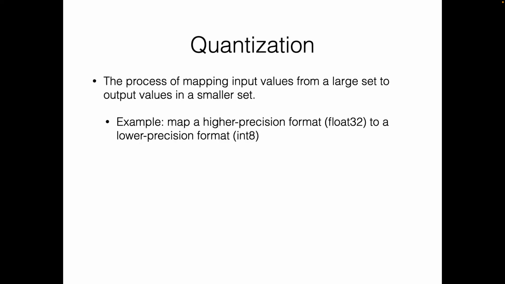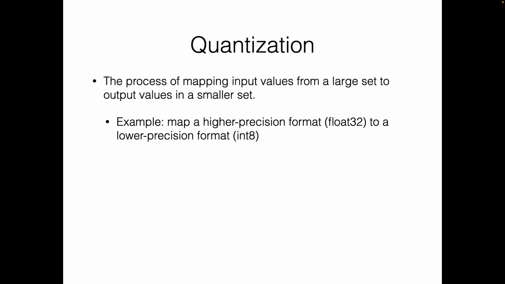Okay, so maybe I didn't say what quantization was yet, which is why the slide is here. Quantization is in general the process of mapping input values from some large set, could be continuous values, to output values in a smaller set. And the name quantize usually means that the smaller set is also discrete.